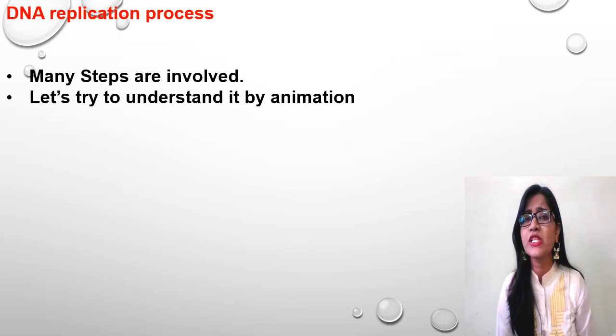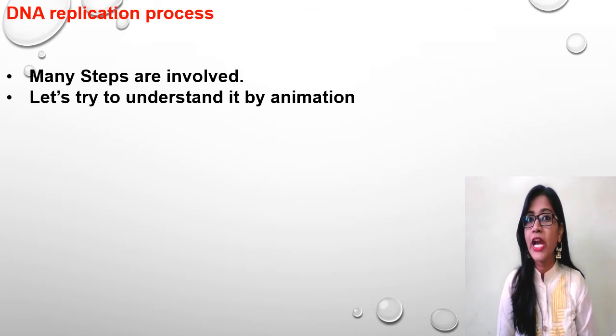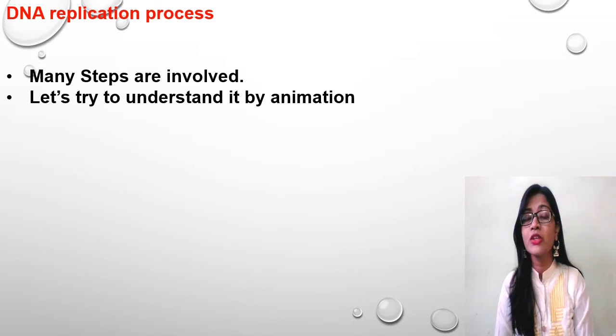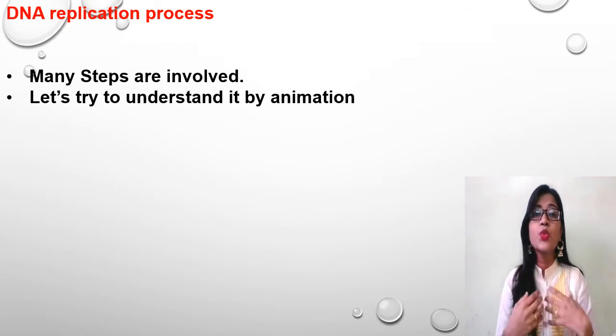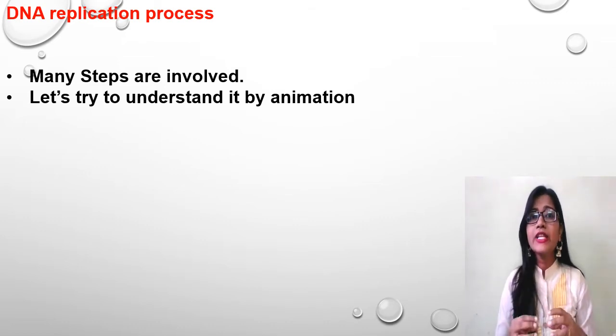As we are going to discuss the replication process stepwise, in step 1 the activation of nucleotides takes place. In step 2 there is formation of the origin, or formation of the Y fork. In the third step the strands get formed. So for our convenience, we are studying the DNA replication process in a stepwise manner. In the actual situation, the DNA replication inside the cell occurs in a continuous manner.